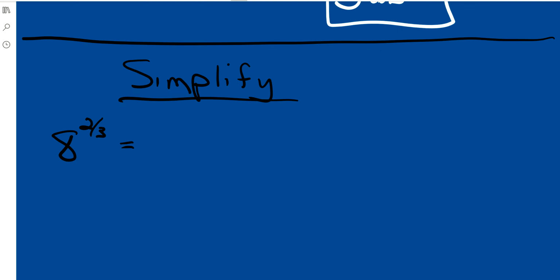All right, now we're going to simplify them directly from the rational exponents. All right, so now I'm going to have 8 raised to the 2/3 power. Now, I don't have any idea, so I want to break it up into something that I know.